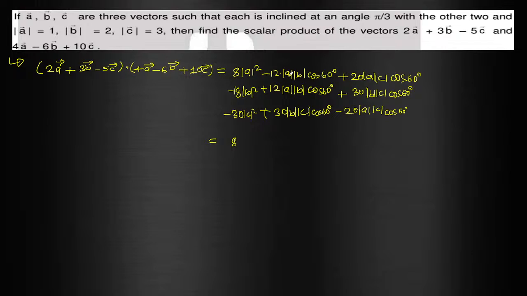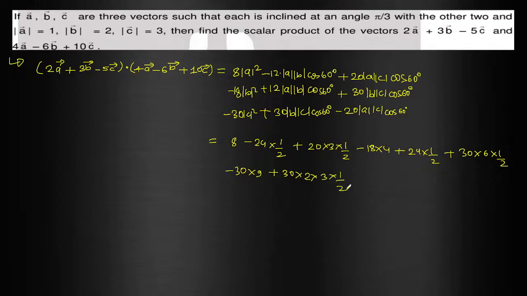Substituting the values: 8, AB 24, 20 AC, 18, 4, 12 AB, 30 BC, minus 30 c squared, 30 BC, minus 20 AC.